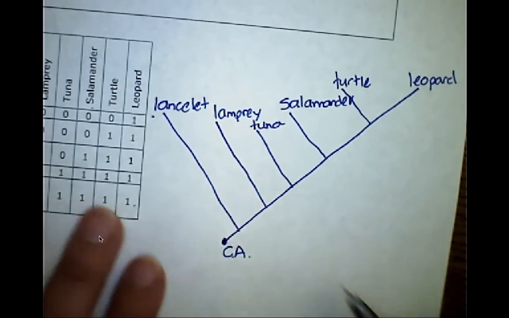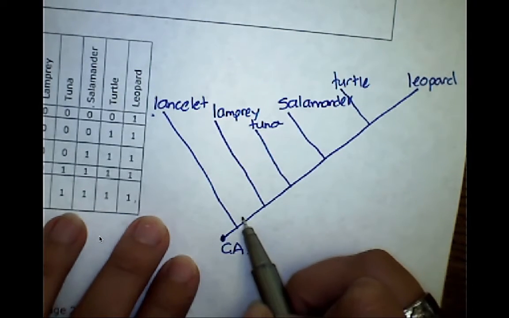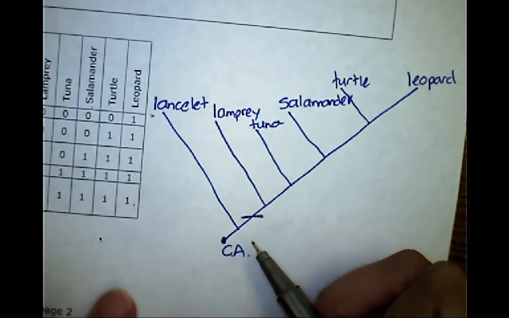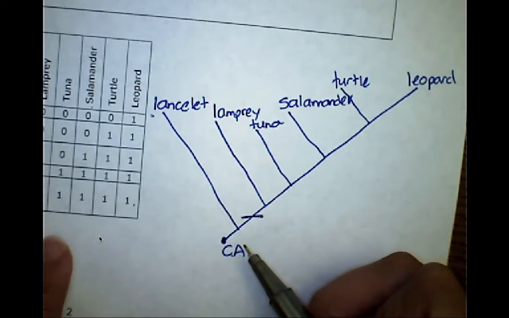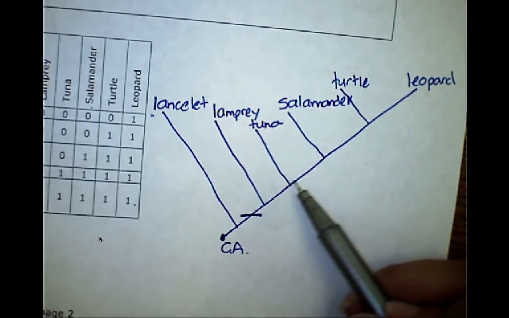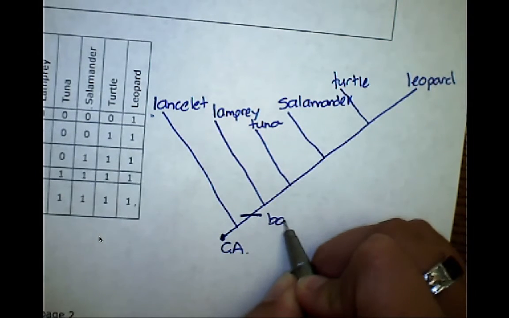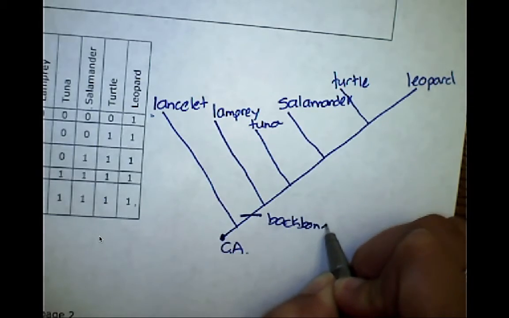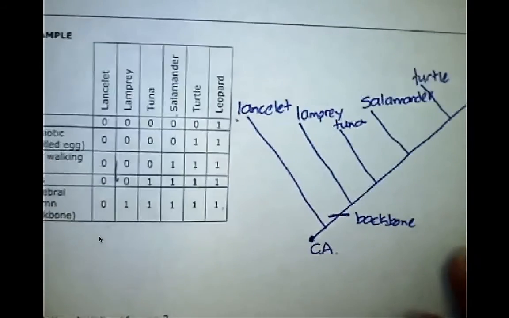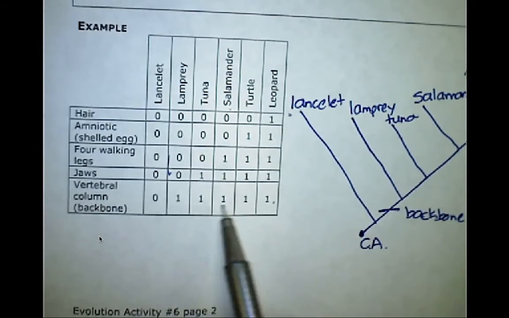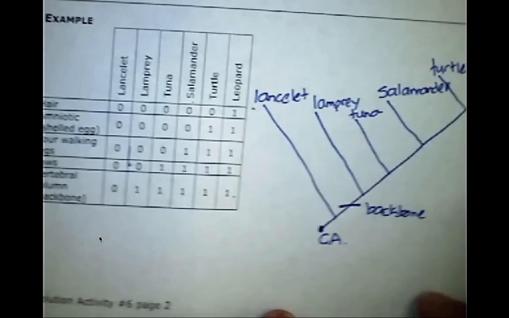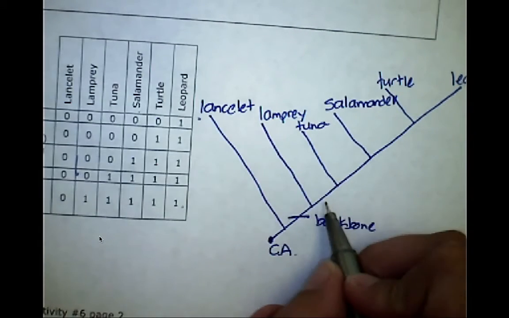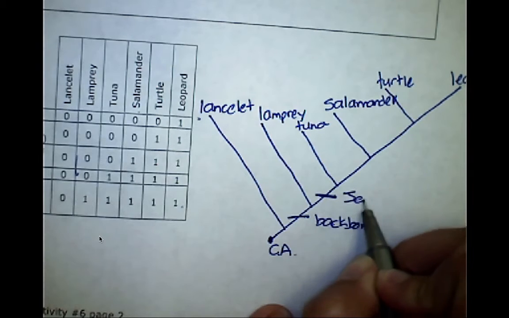Okay. Everything that's above this point right here has a backbone. A lamprey has a backbone, a tuna has all these things, they have backbone. And if you go over to your chart over here, you can see that all of these things have a backbone. Okay. And then everything above here has jaws.